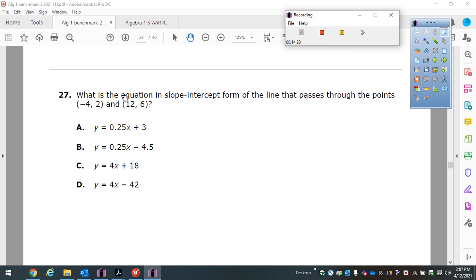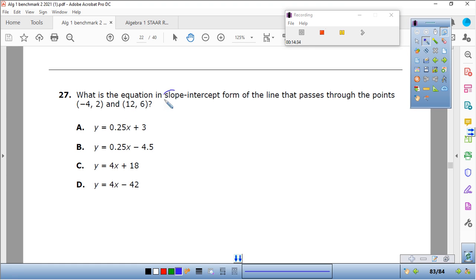Okay, which is the equation that passes the points? Okay. Slope intercept form. So we want it as y equals mx plus b. 2 points, guys. List in spreadsheets.